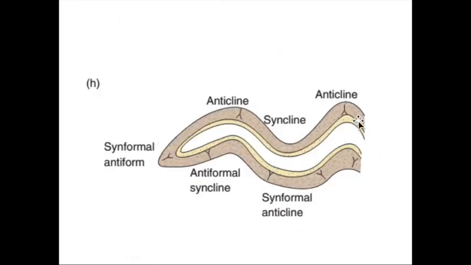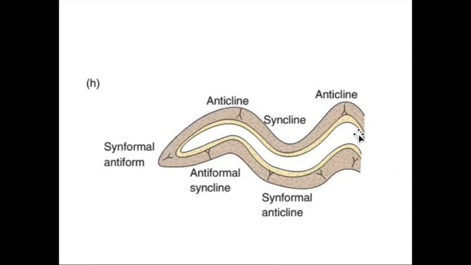So here we have a fold that has two aspects. There's a giant fold. This kind of thing tends to happen in really high-grade rocks that deform when they're very hot. And then that whole fold has been folded again.